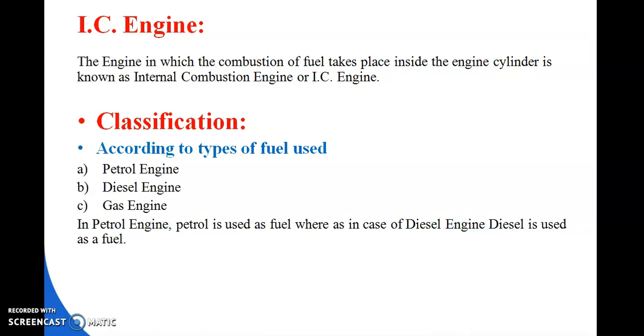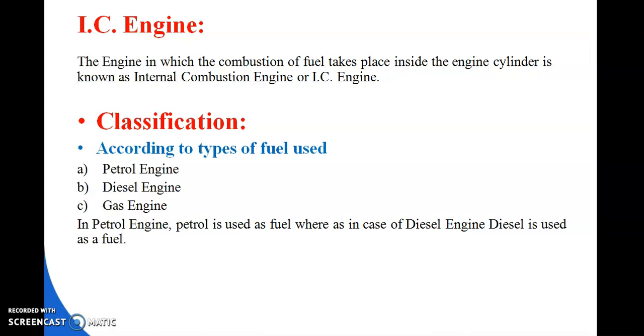In this way, the power is transferred from the engine to the wheel through the clutch, through the gearbox, through the propeller shaft and the differential. At the end, the power goes to the wheel.